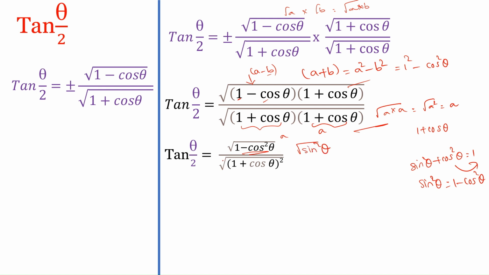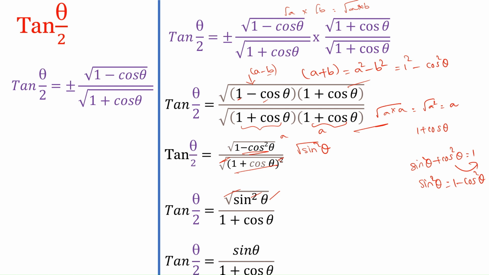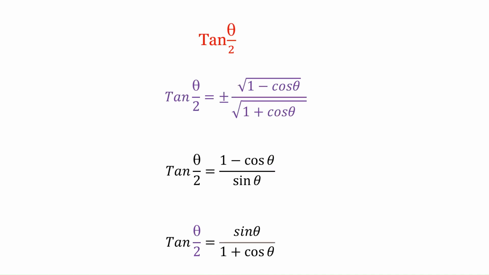And the denominator root and square, so we can just write the term itself. Let us write it down. So numerator we have written, and even the denominator 1 plus cos theta. Again the root and square in the numerator. So this makes tan theta by 2 equal to sin theta divided by 1 plus cos theta. So for tan theta by 2, we have got three different formulas here.